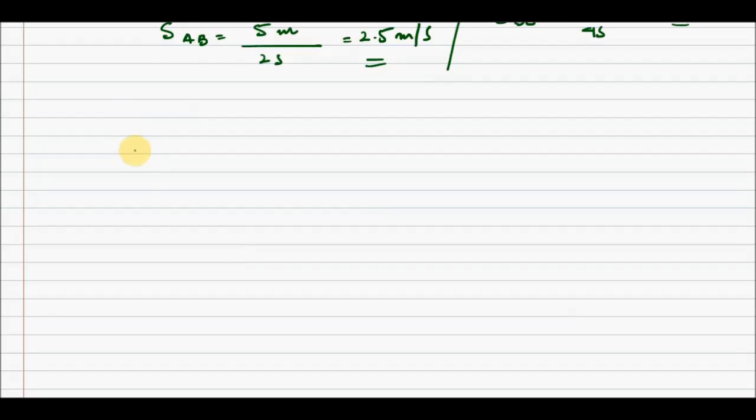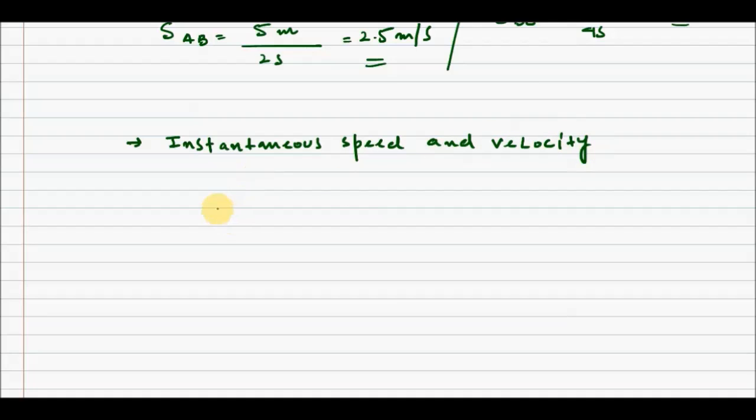Now let's move ahead and talk about instantaneous velocity and instantaneous speed, right? Now, instantaneous speed gives us the speed at a particular time, or I can say at a particular instant, right?